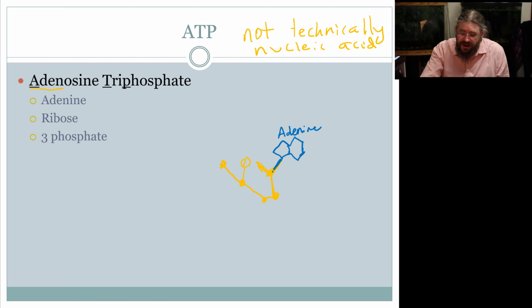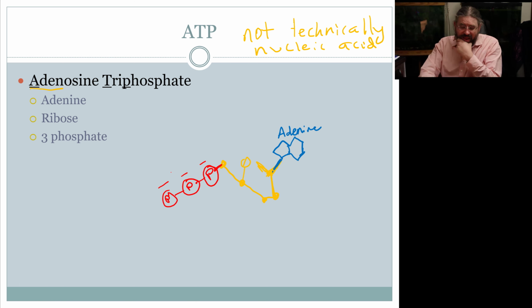But rather than having a sugar phosphate backbone or anything like that, what we have is 3 phosphate molecules with their negative charge chained together. Like charges repel, so these are trying to push each other apart.